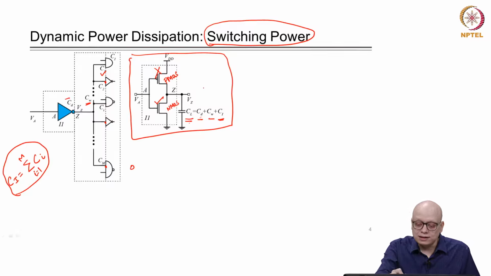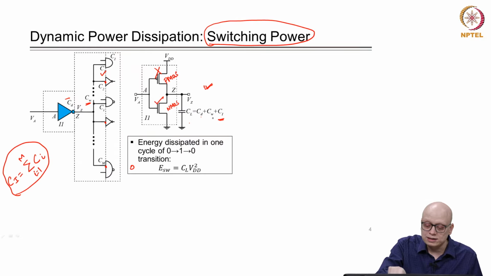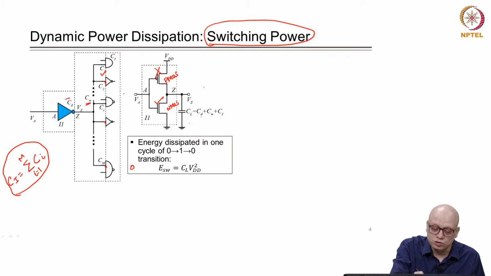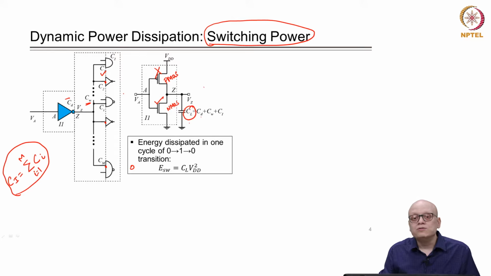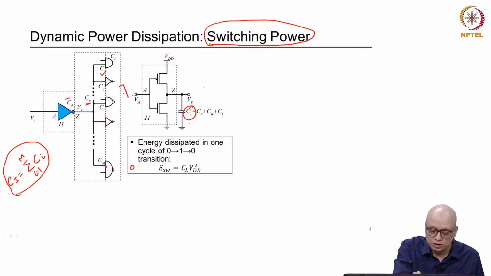Now, in this circuit, whenever a transition happens, say from 0 to 1 or 1 to 0, the CL will be charged and discharged, right. Suppose the transition at the input is from 1 to 0, then the transition at the output Z will be from 0 to 1.